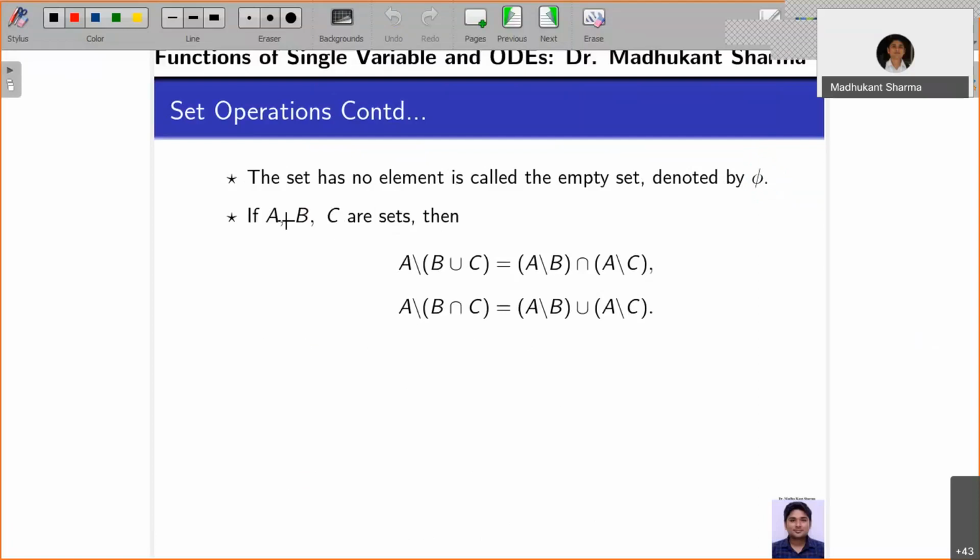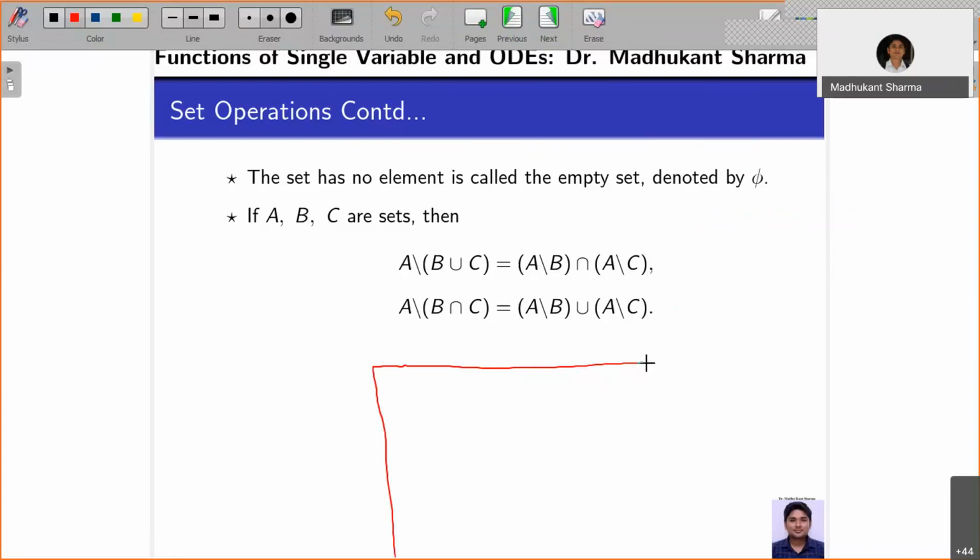Now, if A, B, C are three sets, then the following distributive law holds. Or in other words, it's also known as De Morgan's law. A minus B union C is equal to this. This can be understood by using a Venn diagram.